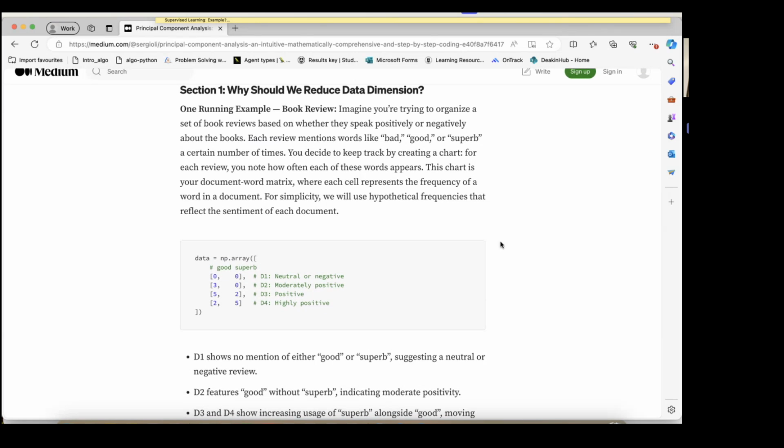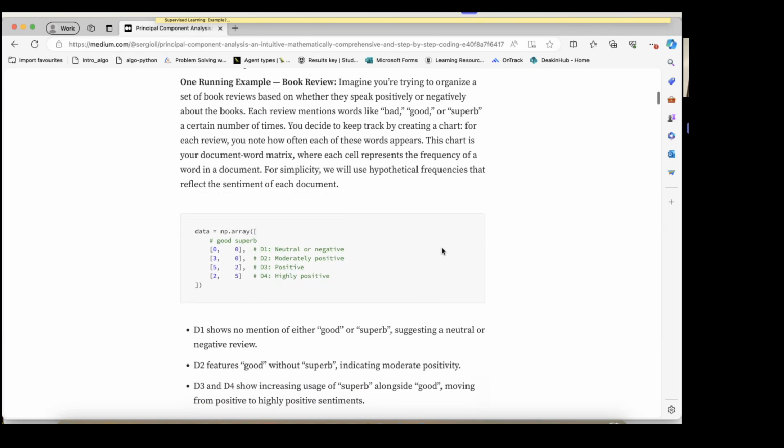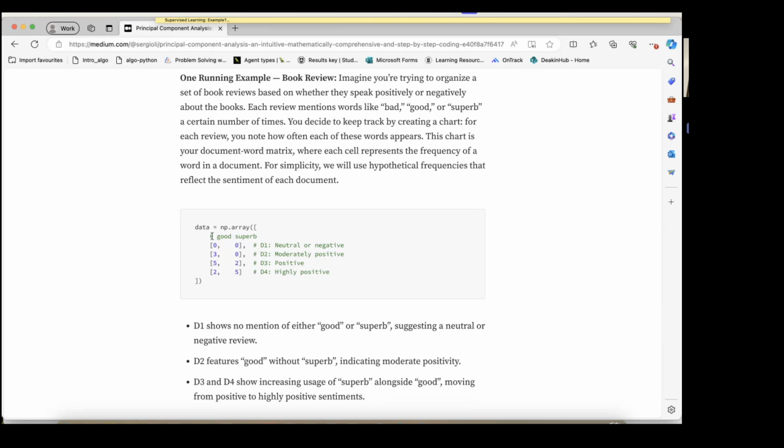I just added some comments on correlation. Margaret talked about correlation before. Here is the same example as last week, but rows and columns are reversed. The rows are documents. The columns are the words good and super, and how many times these words appear in the documents. If you see this document is positive, I see good appear 5 times.